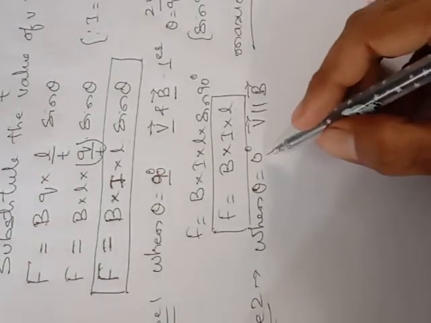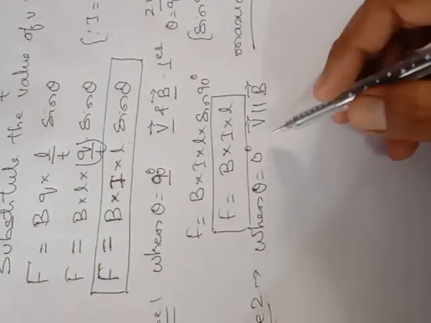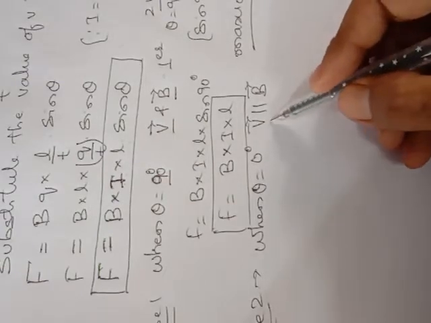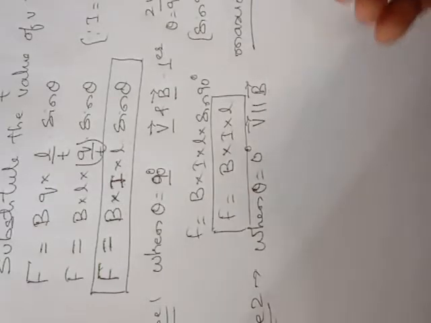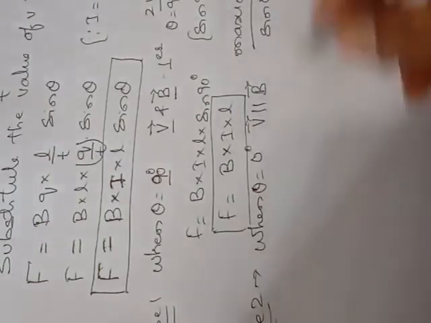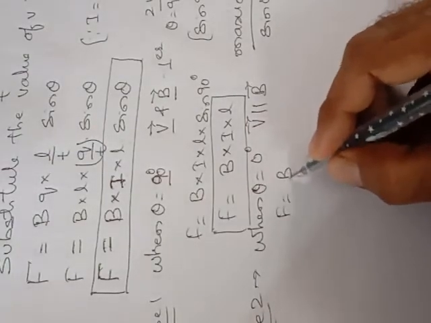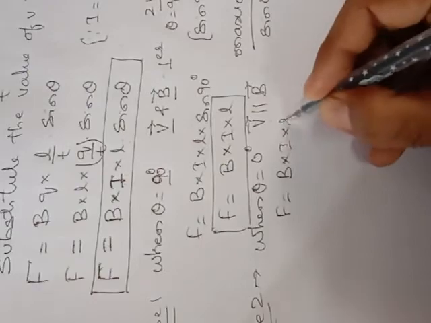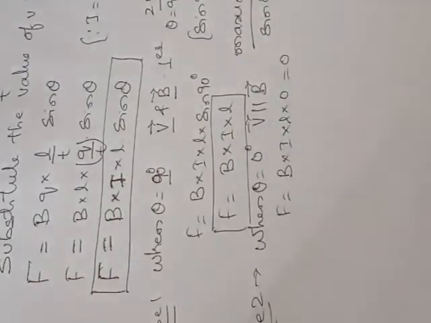If V is parallel to B. In this case, when theta is equal to 0 degree, the velocity of the particle is parallel to the magnetic field. So what happens to sine 0 degree? Sine 0 is 0. So F is equal to BIL into 0. So force is 0.